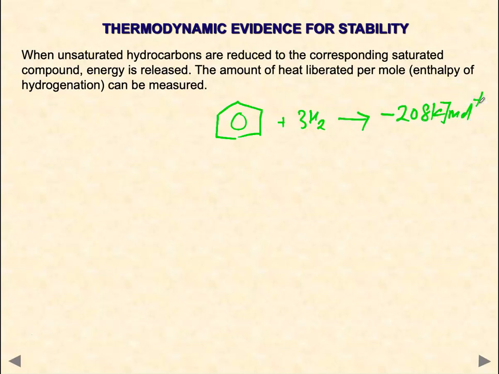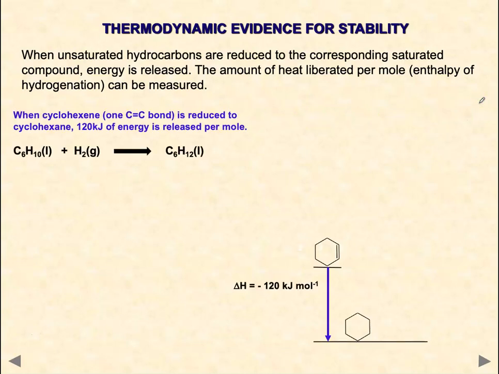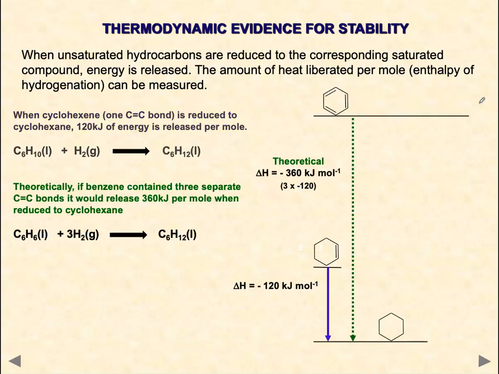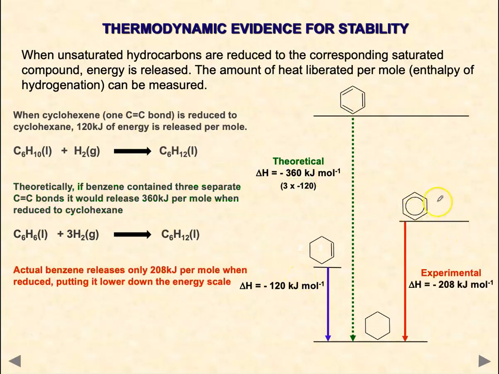So let's place this on an enthalpy level diagram. What do we notice? Cyclohexatriene releases minus 360 kilojoules per mole when undergoing hydrogenation, cyclohexene minus 120, and benzene is here.